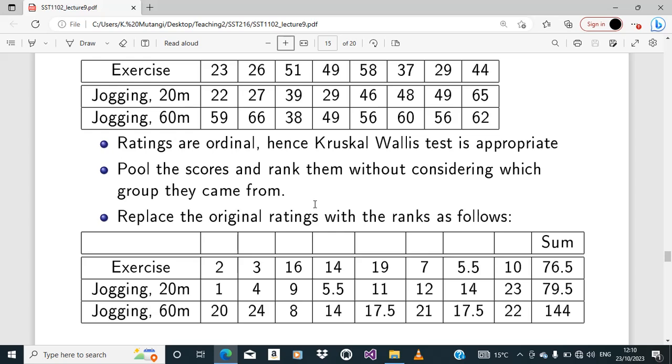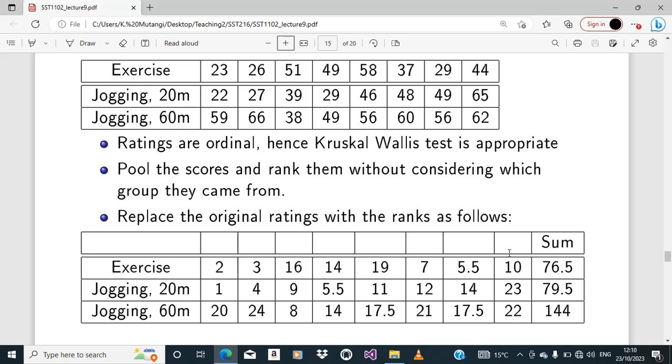From here, it's quite clear that 23 is ranked 2 and 26 ranked 3 and 51 there is ranked 16. Then 49 is ranked 14, 58 has a rank of 19, 37 has a rank of 7, and 29 has a rank of 5.5, and so forth.